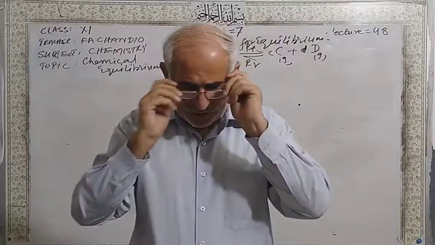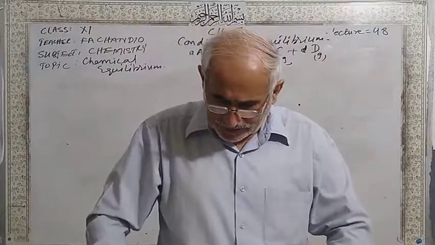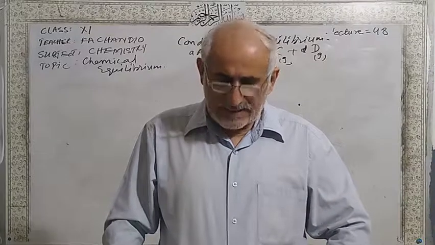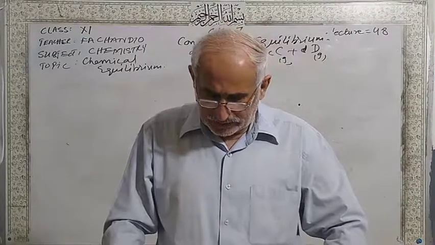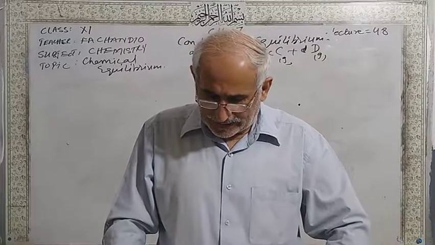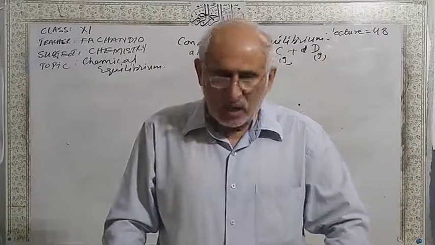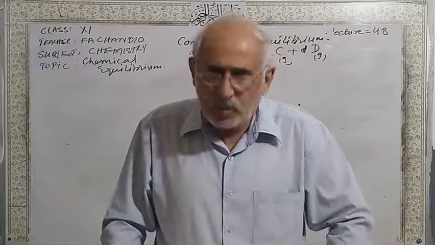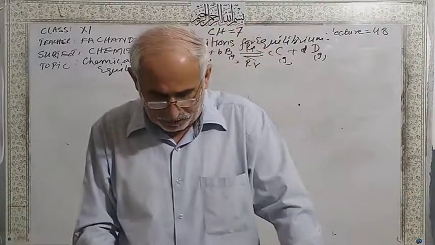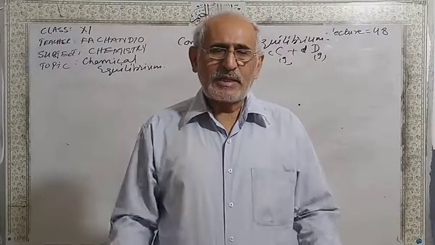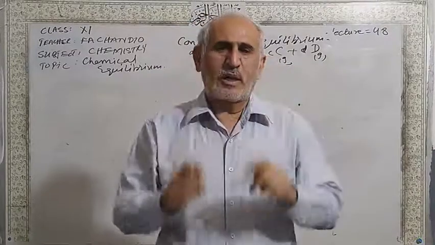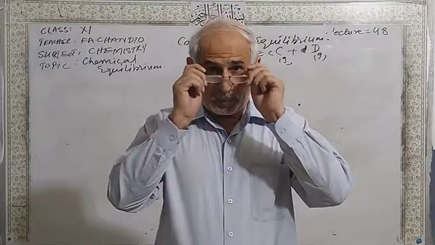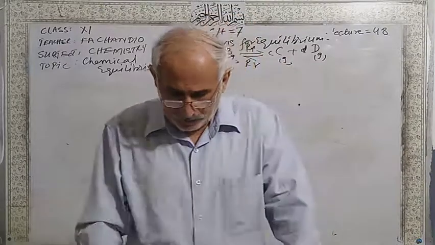So important features of the equilibrium constant expression are as follows. Kc is the equilibrium constant. C indicates the concentration of the reactants and products in moles per decimeter cube at equilibrium state. Dear students, the value of the equilibrium constant is independent of the concentration, but it depends upon temperature.